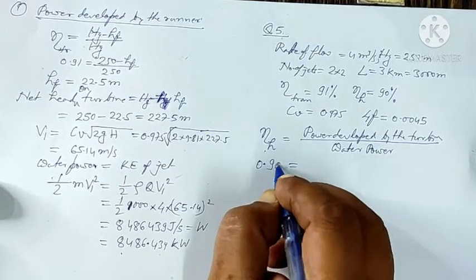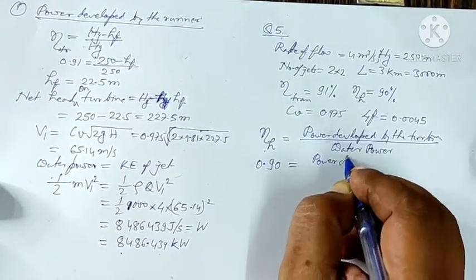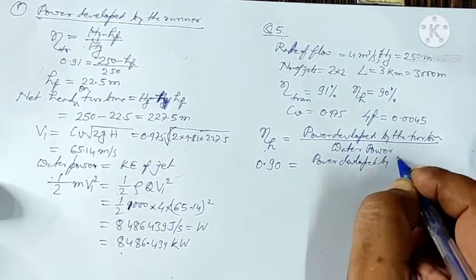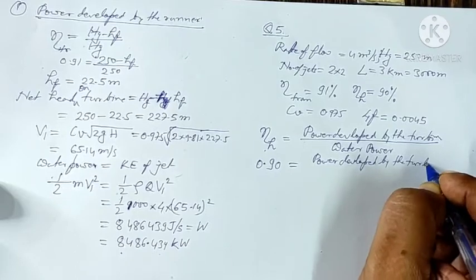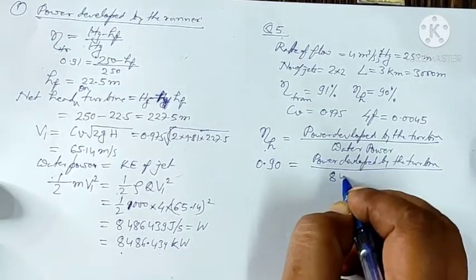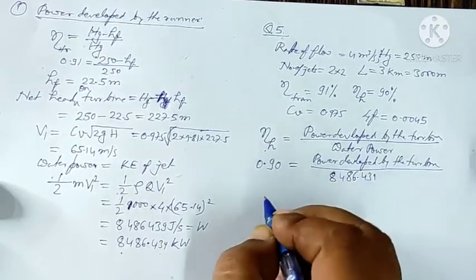So it is 0.90 equals power developed by the turbine upon water power, which is 8486.439 kilowatt.